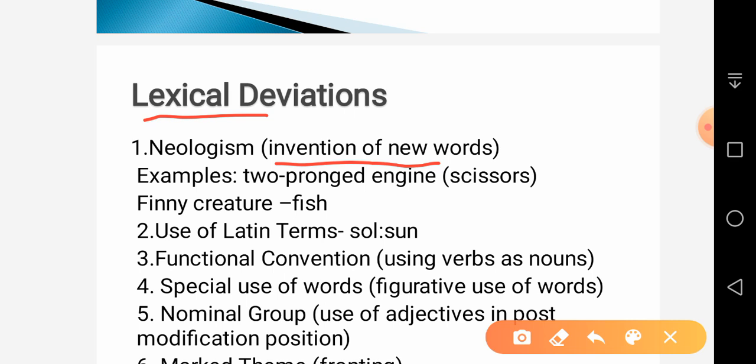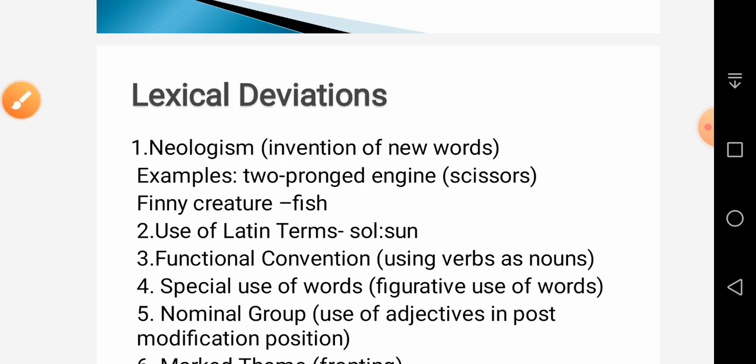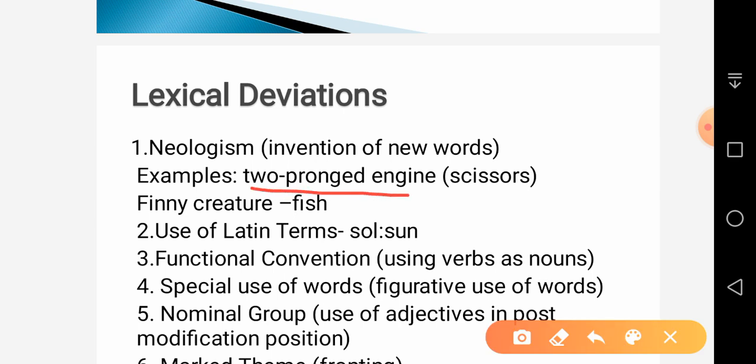In I think The Rape of the Lock, a mock epic written by Alexander Pope, this phrase exists: two-pronged engine. So Pope coins this term for a pair of scissors. And when he wants to talk about fish, he says finny creatures. So such neologisms are found in literary pieces.